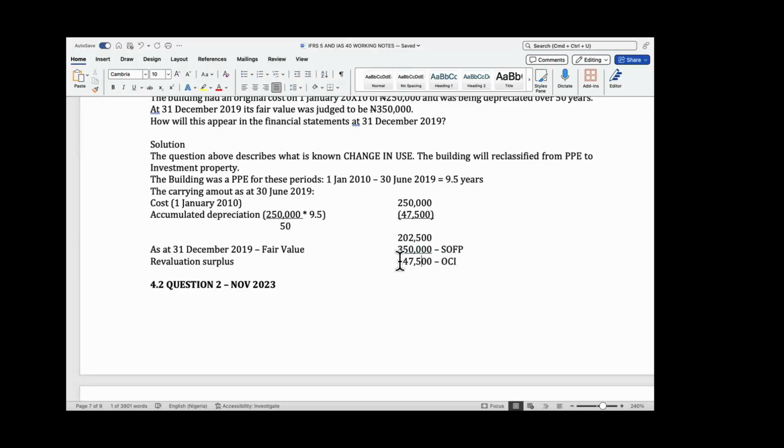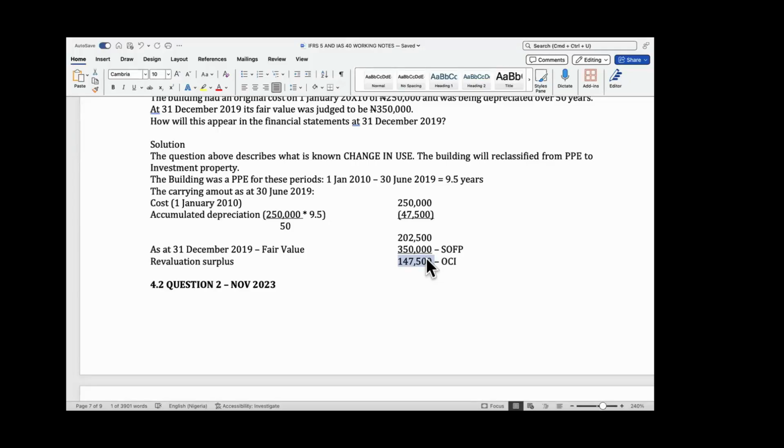That's the only reason why this one for the 7,500 will be recognized in OCI in line with the old use, just to honor the fact that this asset has been in PPE for 9.5 years. So any gain, any surplus made on revaluation as at that date, let's attribute it to this old use.